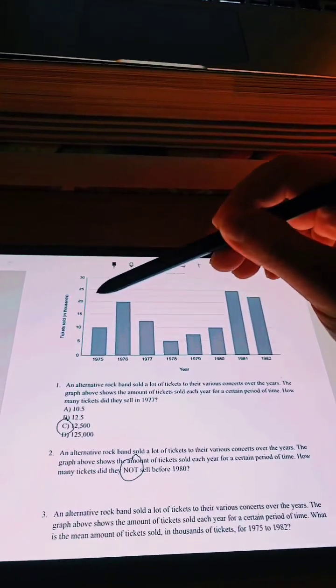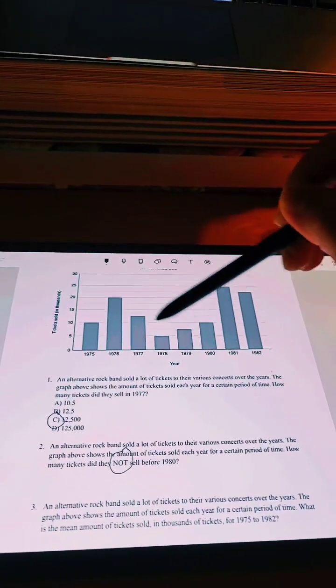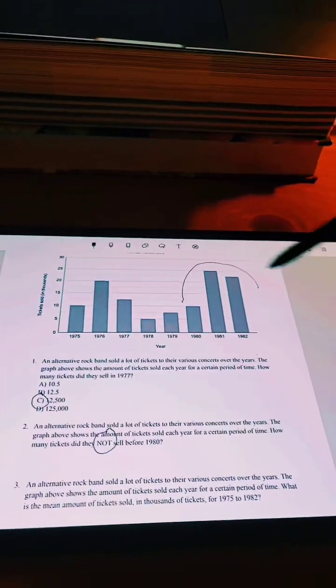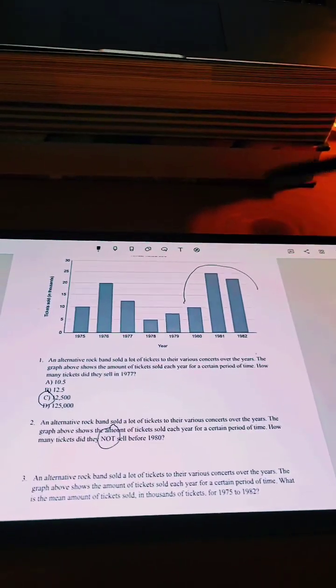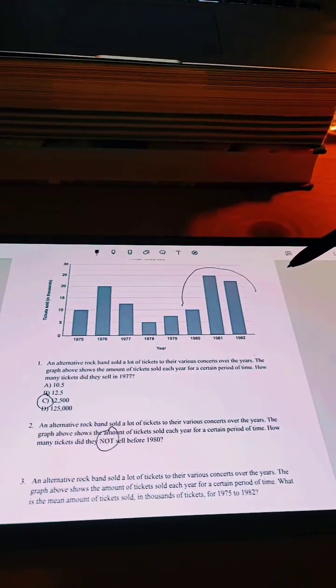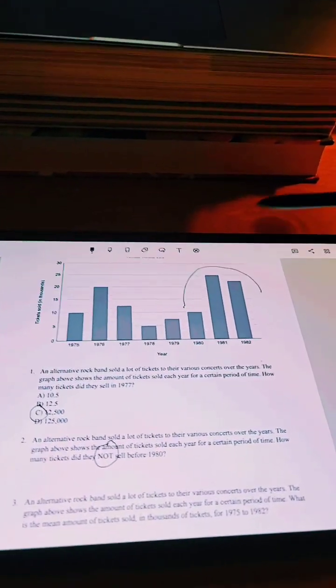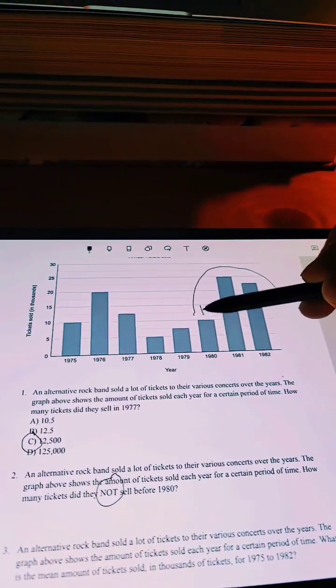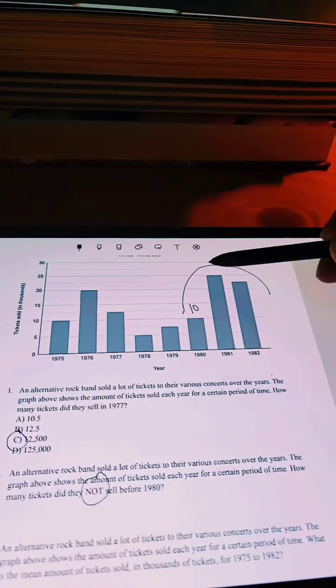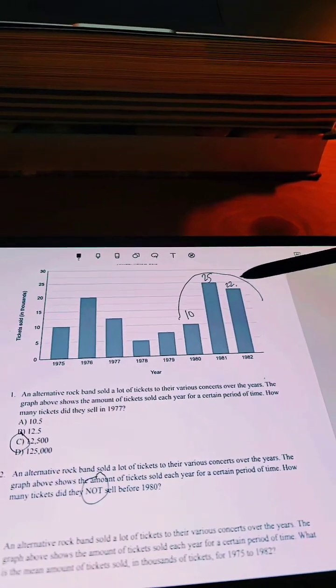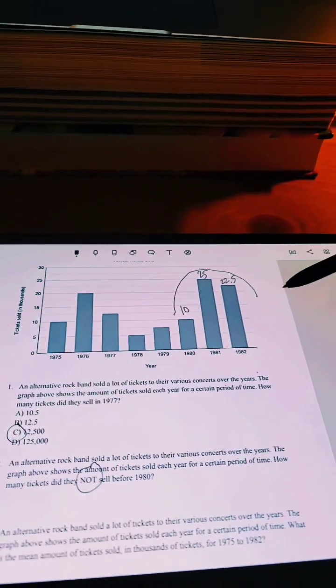So these are going to be the tickets that they sold before 1980. Then this part represents the tickets that they did not sell before 1980. So we have to figure out how much this all is. This lines up with the 10. This lines up with the 25. And this lines up with 22.5, like halfway between the 20 and 25.